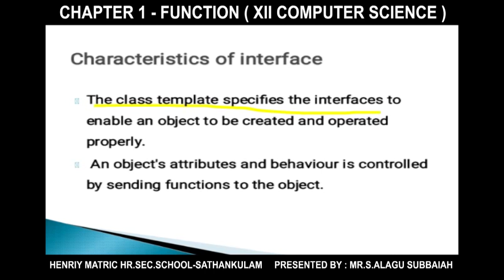So to create an object and operate it, we create a class template, that is the interface. Next, we can control the attributes and behavior of an object by sending some function to the object. The function will work on the object and control the attributes and behavior of the object.